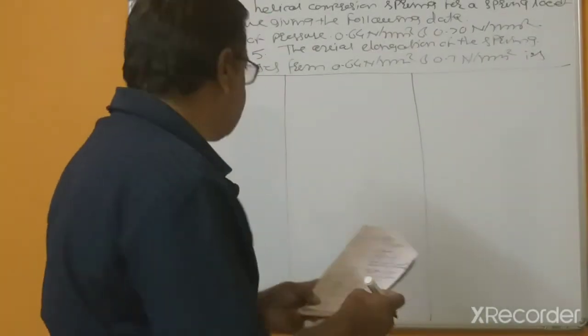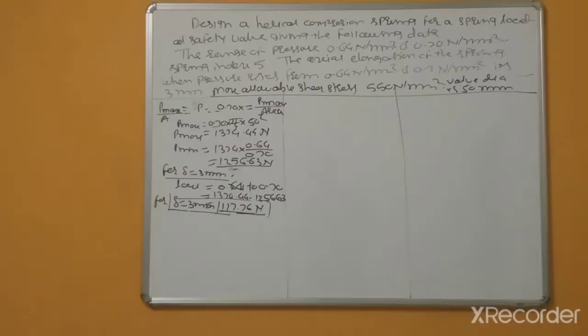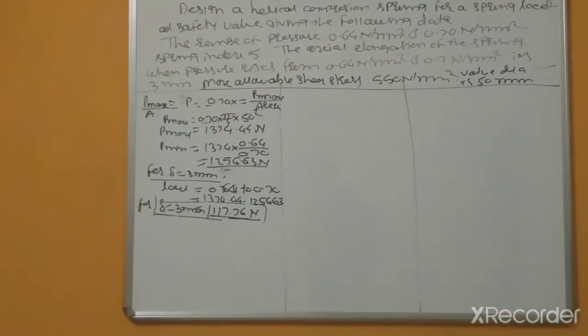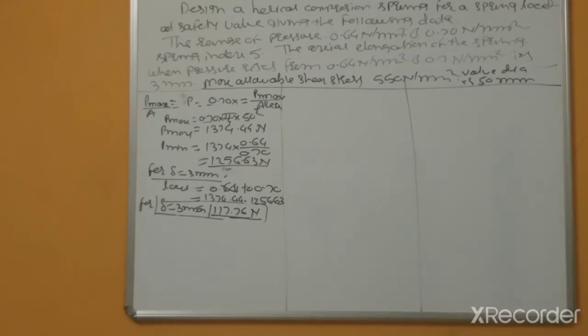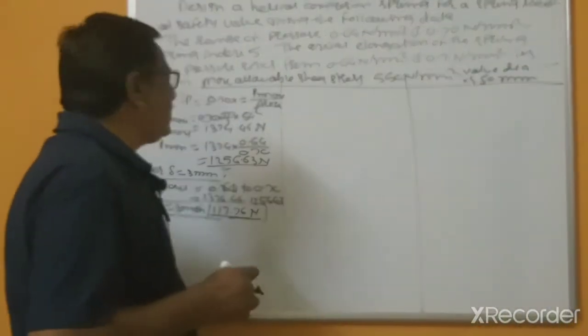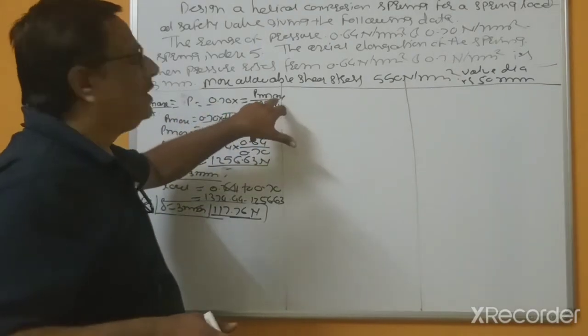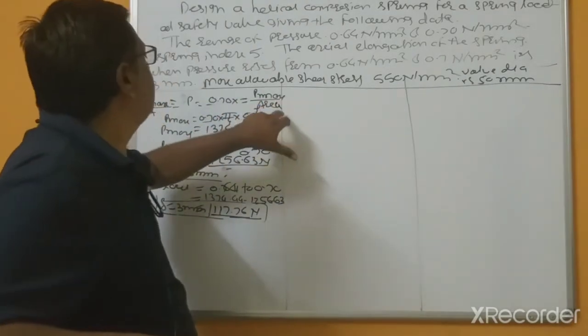One line is missing here, due to shutting off my camera, so this part may be missing. P max equals pressure multiplied by the valve area, the general formula of P max divided by area.